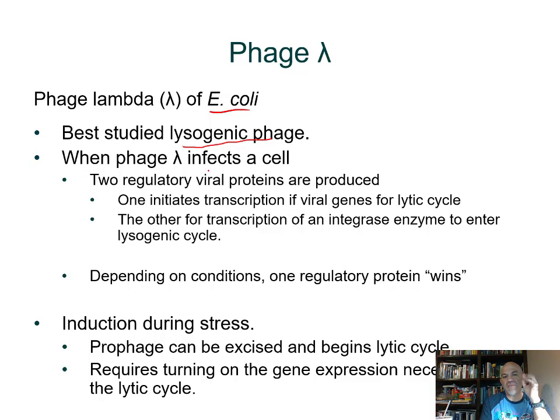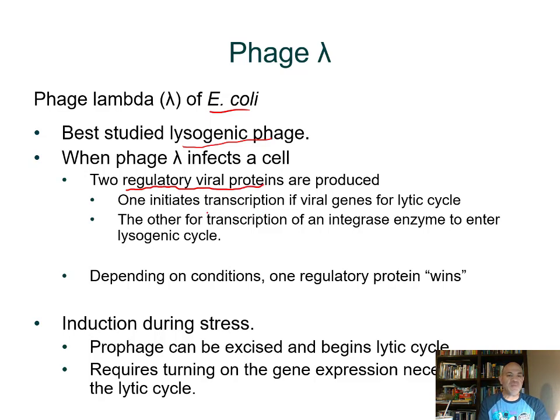In this one, they've discovered how the virus determines whether it goes into lytic or lysogenic. It turns out that when penetration first occurs and the viral genome enters the bacteria, some of the genes are already going to start being transcribed, and some of the early genes transcribed are regulatory viral proteins.